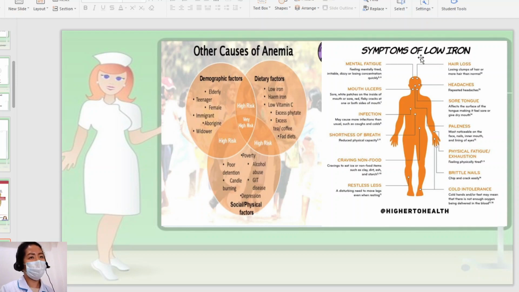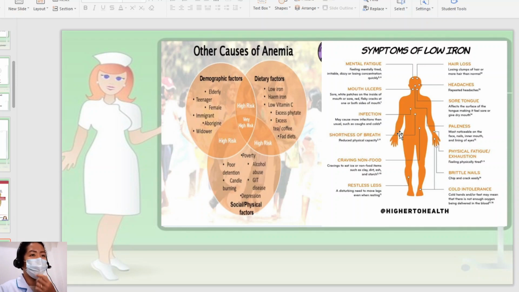And these are the signs and symptoms of low iron. Number 1, mental fatigue, feeling mentally tired, irritable, dizzy, or losing concentration quickly. Mouth ulcers, sore, white patches on the inside of the mouth. Red flaky cracks at one or both sides of the mouth.